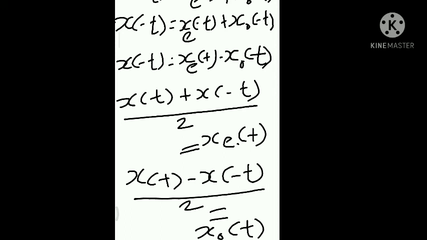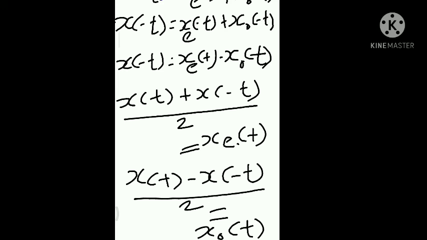Now we will take x(-t). In this expression we are going to do the time reversal or folding. So t is changed with minus t: x_e(-t) plus x_o(-t).